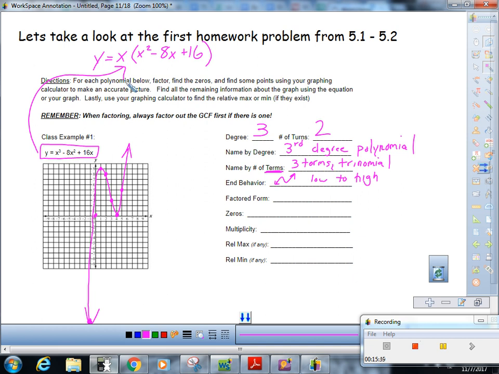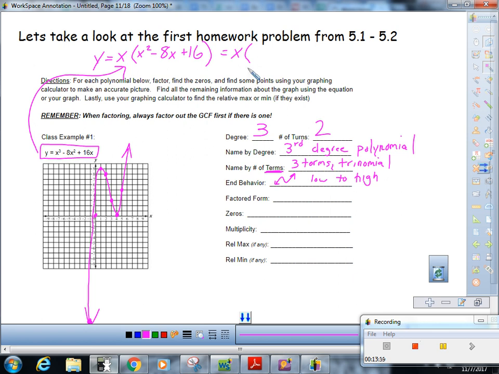I just took an x out of every one of these terms. Now, what's inside here, you might be able to factor. And if not, you can use that quadratic formula thing in your calculator. So this is the same thing as x times, I'm looking for two numbers that multiply to be 16 and add to be negative 8.